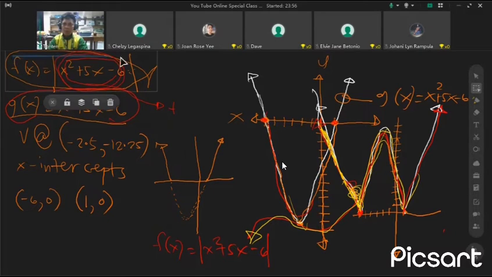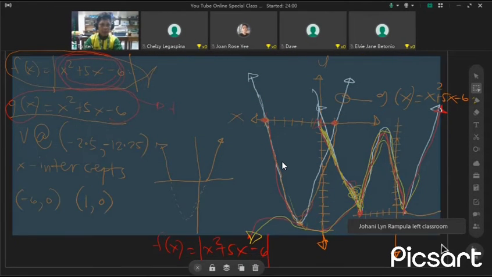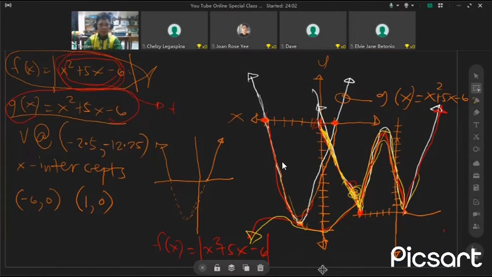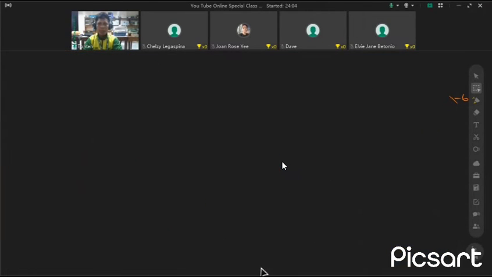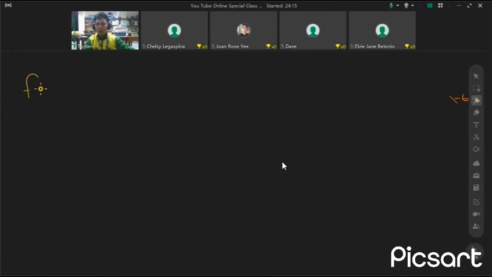Alright. Before we have another example of this one, I would like to go back to the first one, the easier one. The easier one, but it is hard to analyze if you do not have the background of it. What is this split function? So, we have this one, f of x. I know that Chelsea had already understood this.